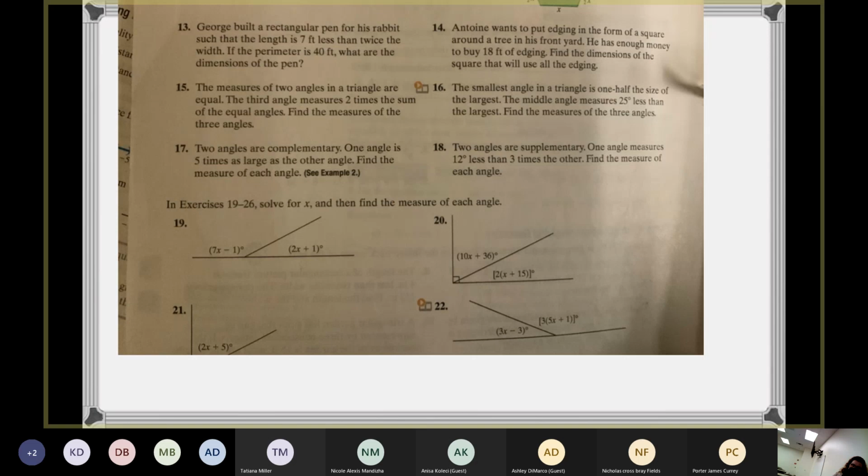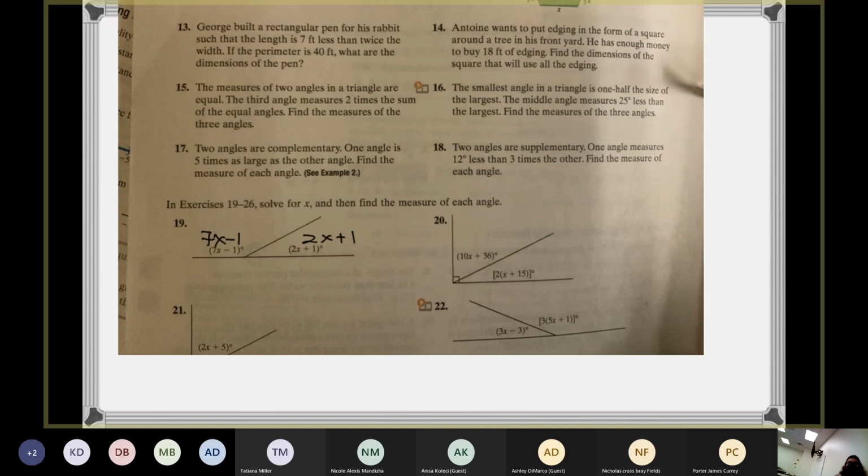Number 19 says solve for x and find the measure of each angle. If you cannot read it, let me write it down. We have a 7x minus 1, and a 2x plus 1 over here. What must I do in order to figure out what x is?